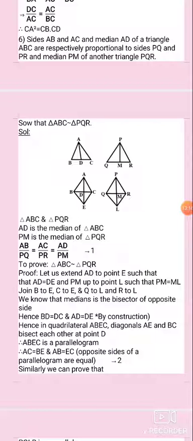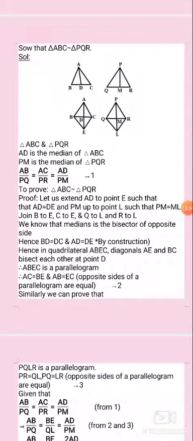Therefore, AC is equal to BE and AB is equal to CE, opposite sides of a parallelogram. Similarly, we can prove that PQLR is a parallelogram. So PR is equal to QL, and PQ is equal to LR, opposite sides of the parallelogram.